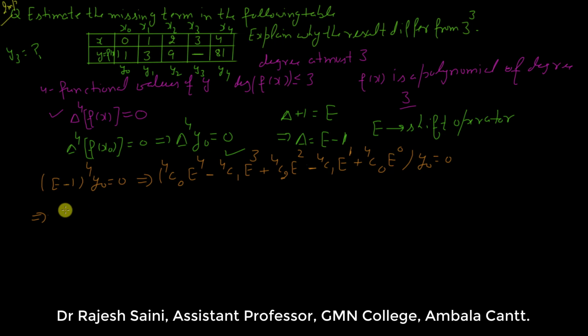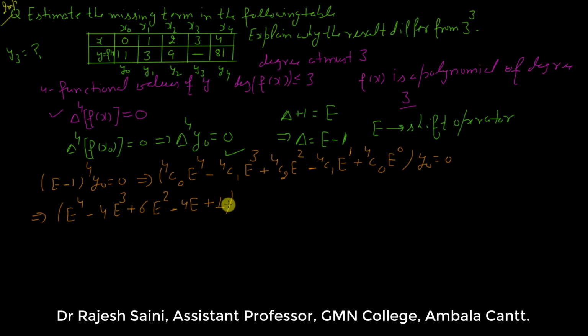This further implies that 4C0 is 1, E^4 minus 4C1 is 4, E^3 plus 4C2 is nothing but 6, E^2 minus 4 E, and plus 1, and E^0 is nothing but 1.